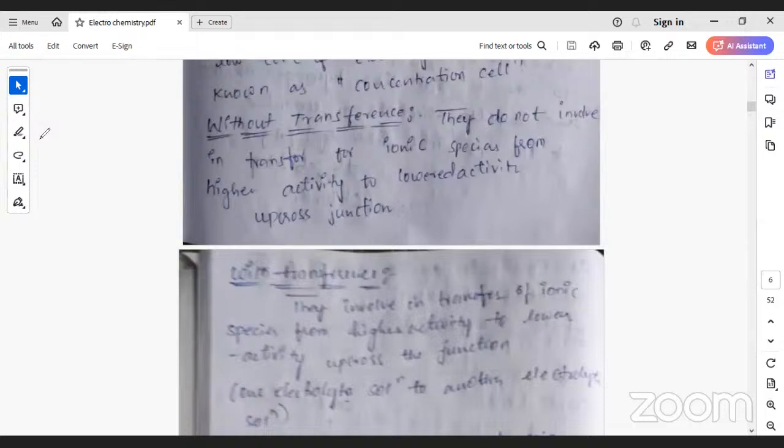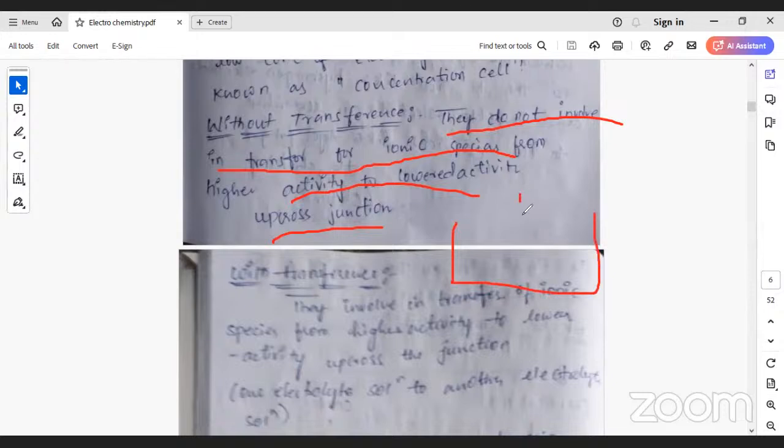Without transference means they do not involve a direct transfer of ionic species from higher activity to lower activity of electrolyte solution across the junction. Here, one junction will be there. One side has high concentration, that is A2, and the other has low concentration, that is A1.